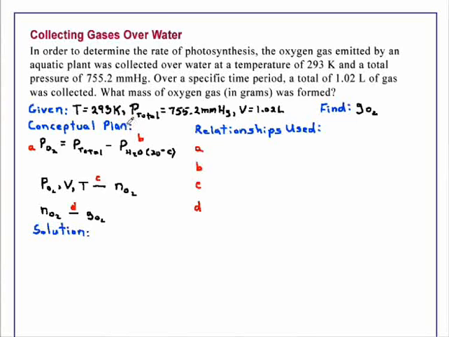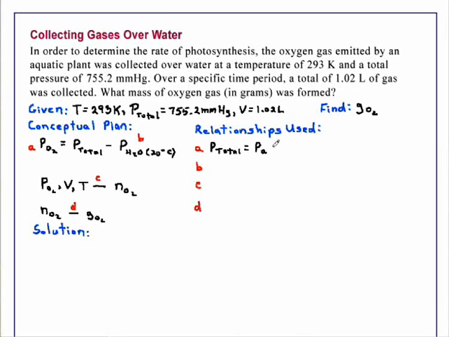In our conceptual plan, we will first use Dalton's law of partial pressures. Dalton's law says that the total pressure of gases in a mixture is equal to the sum of the partial pressures.